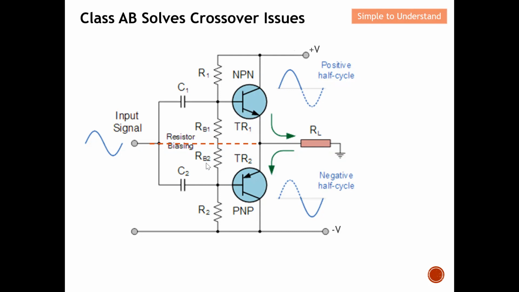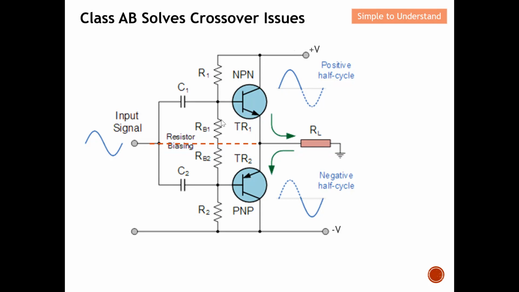It will be the same for the negative half cycle over here. We need to do a proper design on the value of the resistor, and hence the transistor will be biased. However, there's one potential issue. You know that a resistor is subject to thermal noise, and this makes the resistor value unpredictable.